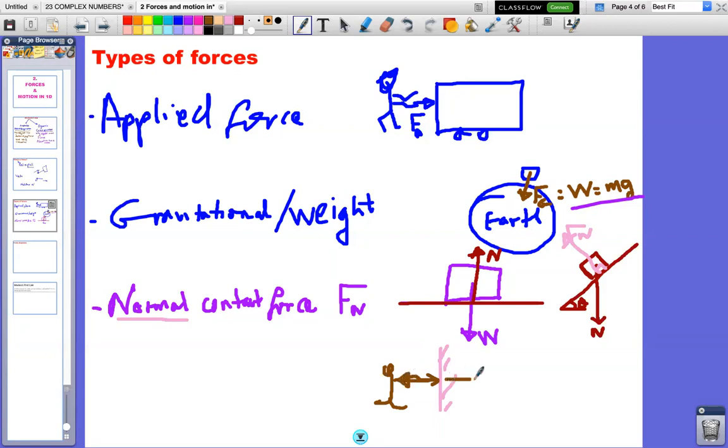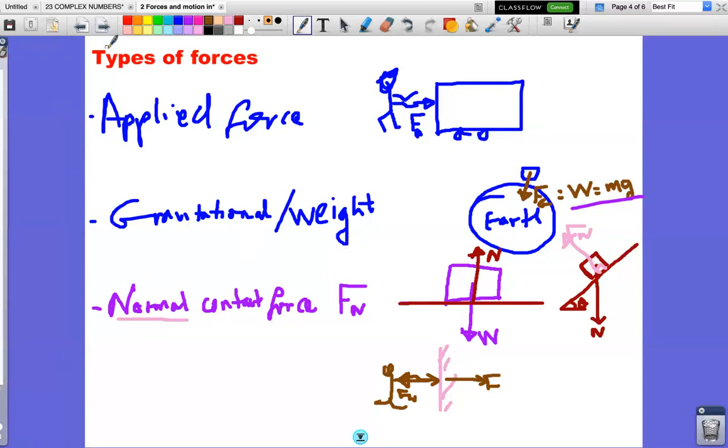I push on the wall with some force, my applied force. The wall will also have a force on me, which is the normal contact force on me. All right, so any two surfaces in contact will have a normal contact force on them. That is a very important type of force.